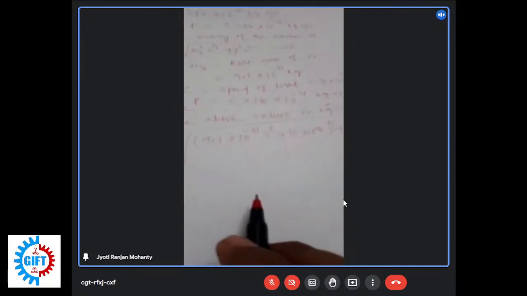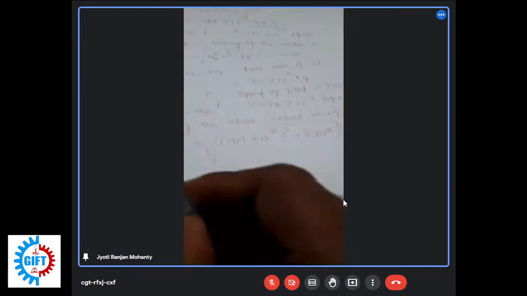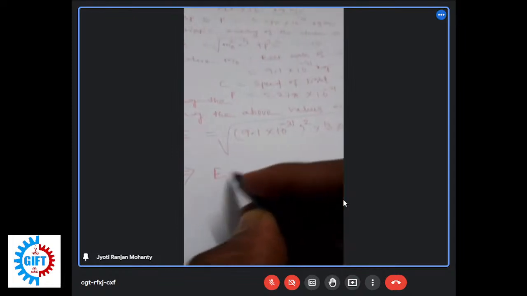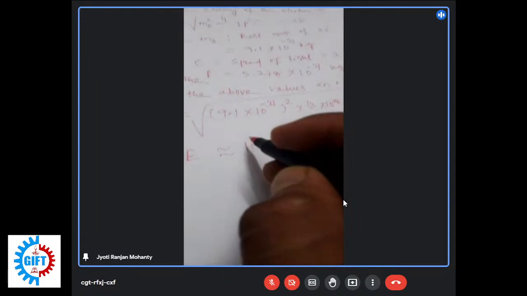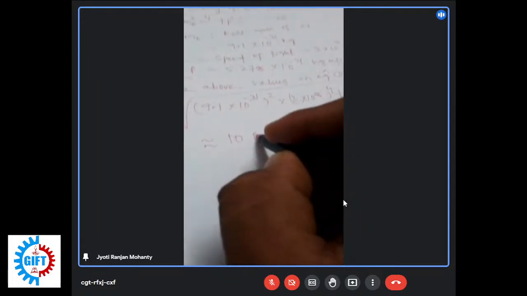If you put all the values and calculate, you can find this is approximately equal to 10 MeV.